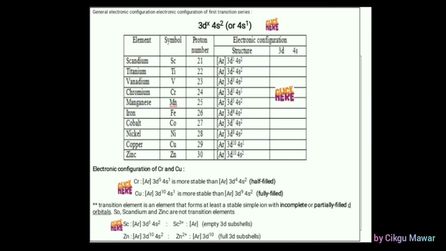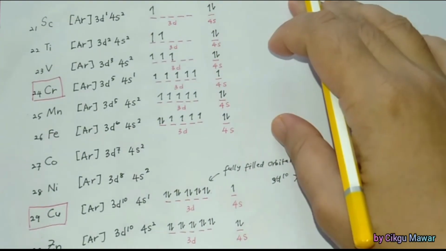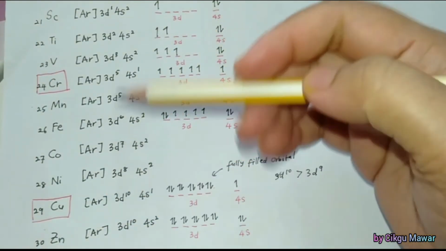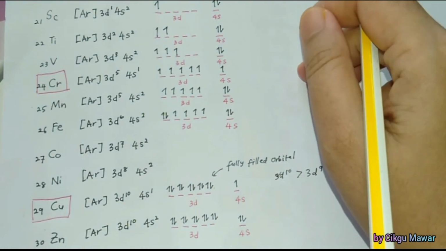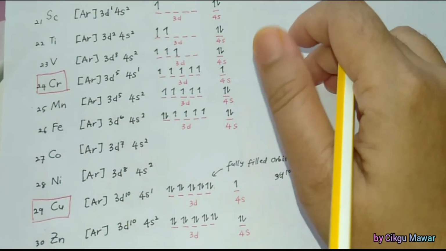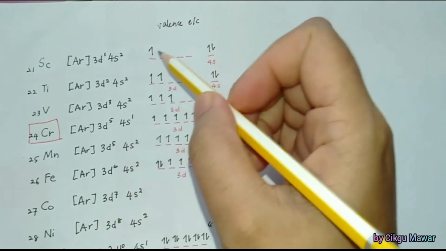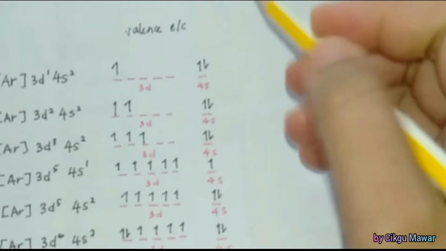Let's see how to write the electronic configuration. Refer to this electronic configuration, and see why scandium and zinc are not part of the transition elements. Now we refer to the scandium electronic configuration.